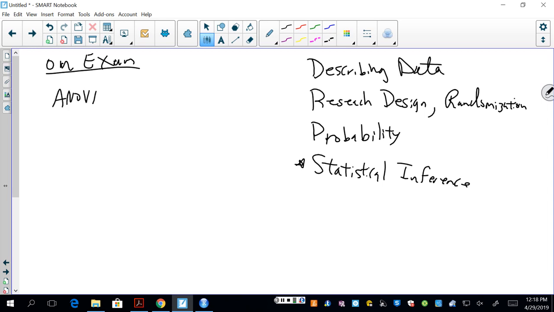Analysis of variance was covered on homework 9, one way ANOVA. Given an analysis of variance table, how would you decide if something is statistically significant?